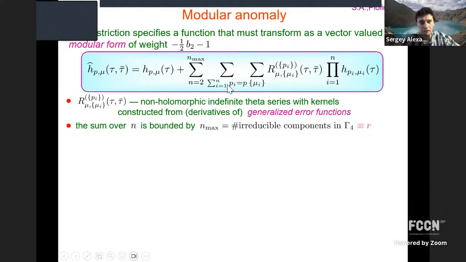And in this correction term, you decompose the D4 brane charge into some other charges, which all must be positive. And so this is equivalent to having a bound state. So you sum over all possible bound states. And then you take a product of generating functions corresponding to constituents of your bound state and multiply by certain functions.